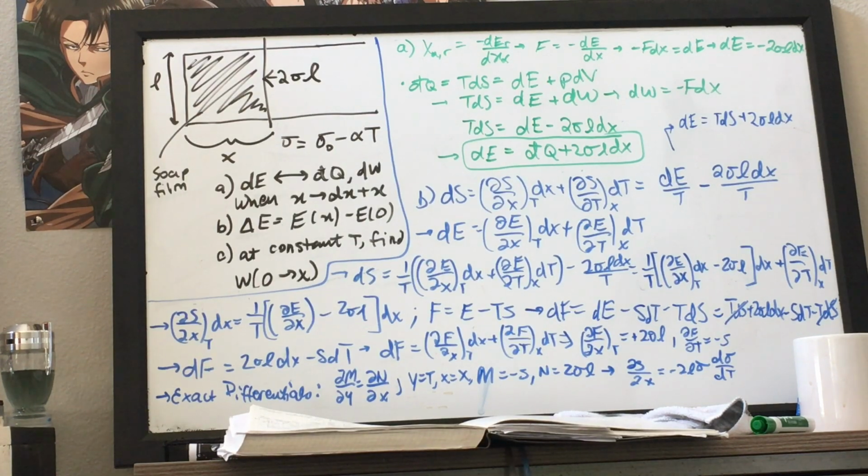We're asked to find 3 things. First, a relationship for the change of mean energy, dE, in the film, in terms of the heat absorbed by it and the work done in an infinitesimal quasi-static process by which we change x to x plus dx. Secondly, the change in the mean energy, delta E, which we can write as E minus E naught.